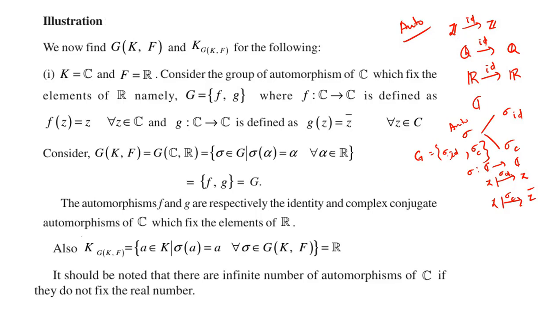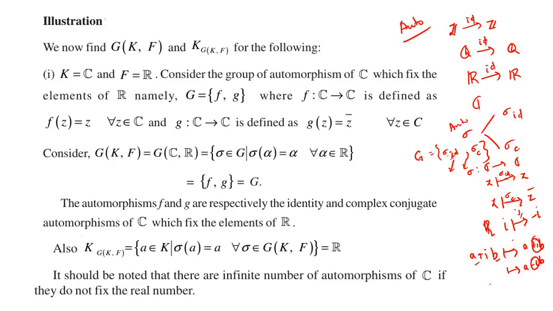By the definition, all those automorphisms of G which leave the base field elements fixed. The identity automorphism or the conjugate one do not change the elements of R. What they change is i only, i is changed to minus i. So when you have a plus ib, there are only two possibilities: it goes to a plus ib or it goes to a minus ib. So this i alone changes.